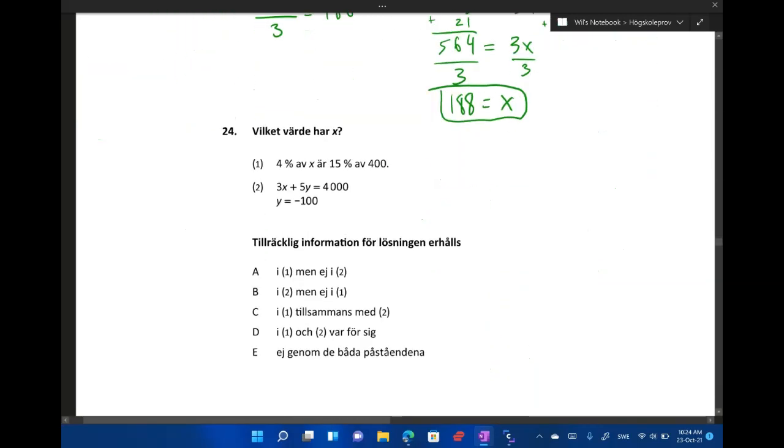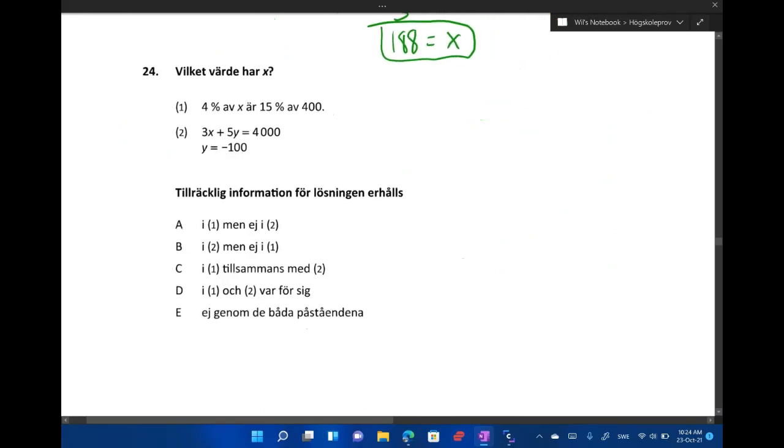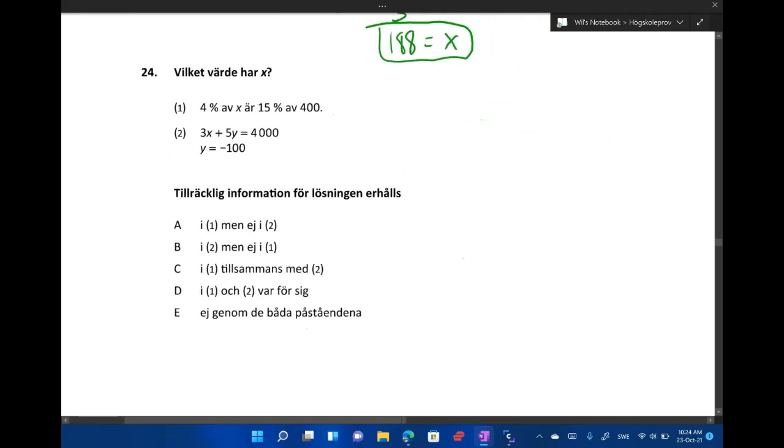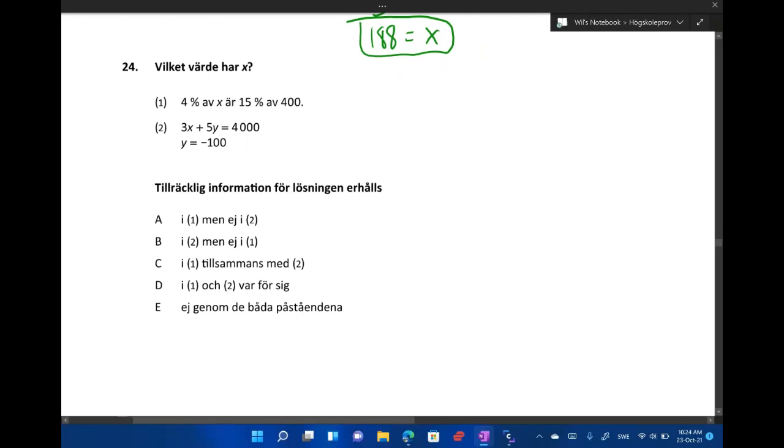Question 24. It says, which has the value of x? 4% of x is equal to 15% of 400. So 4%, if we did this, 4%, so 4 over 100. Of, remember, is multiply.